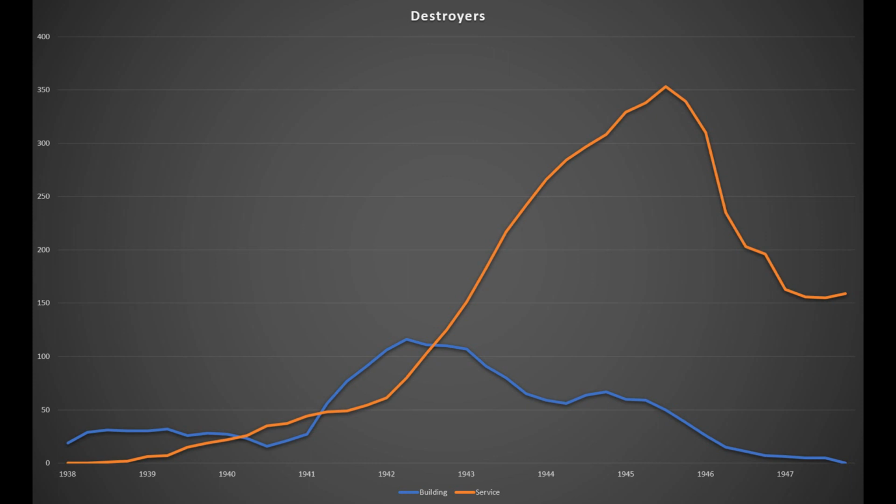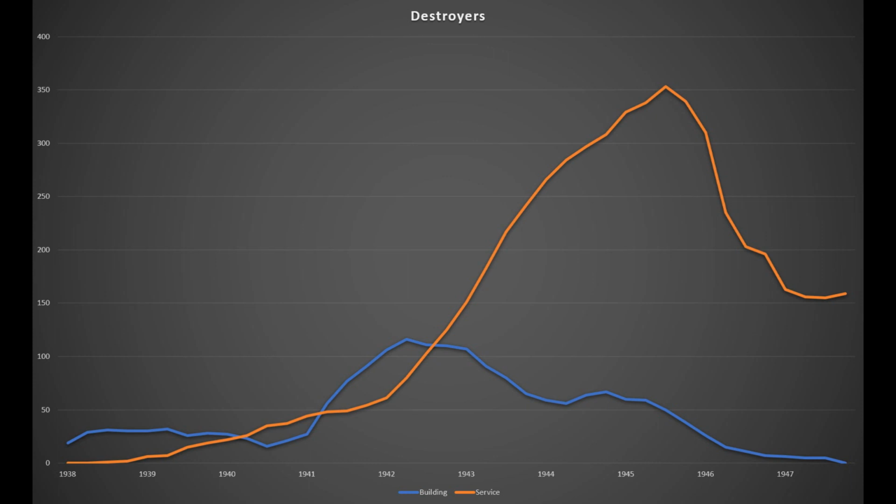But as you can also see with the orange line, the ships in service, that is just going up and up and up. And there's not really any stopping it till, well, it clears basically 350 in active service at any one time. The maximum effort by the Japanese in late 42 does cause a very slight dip.